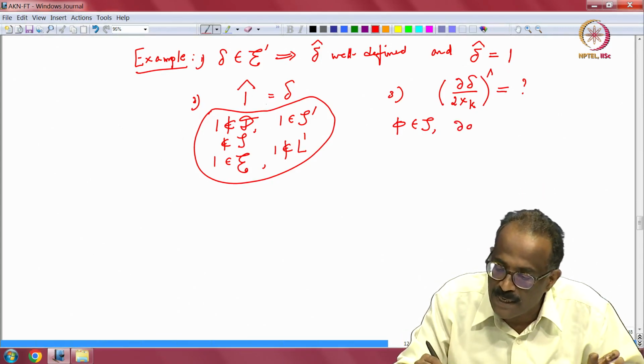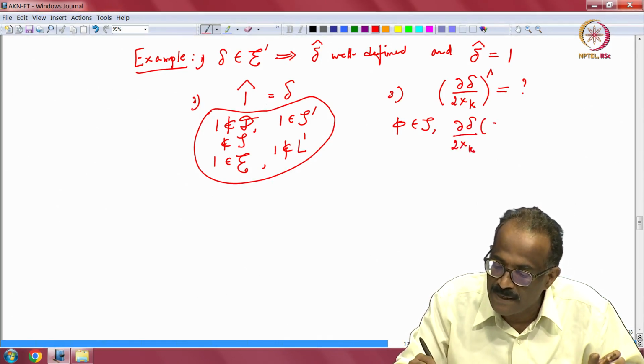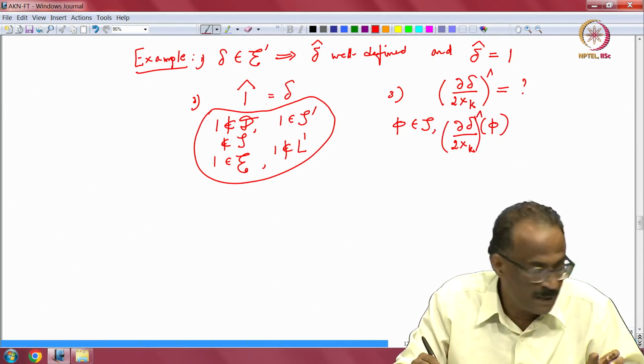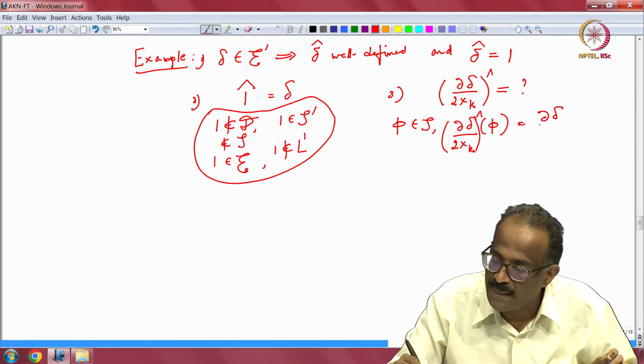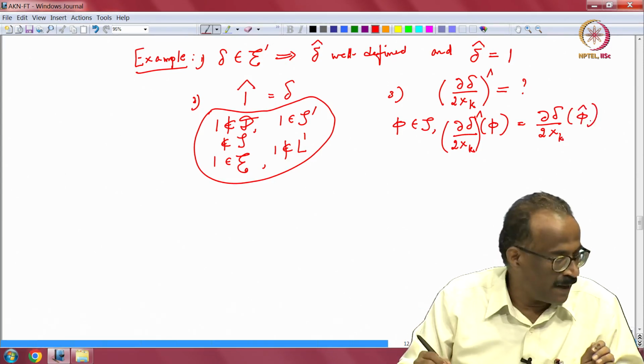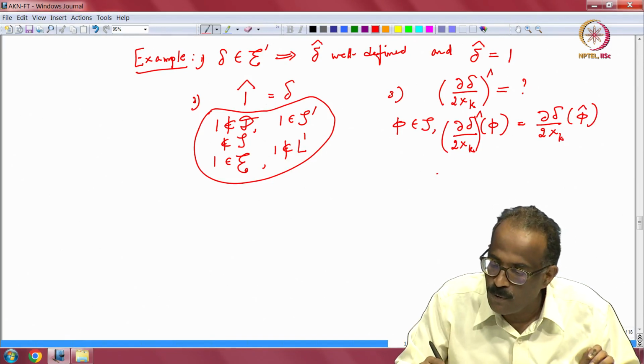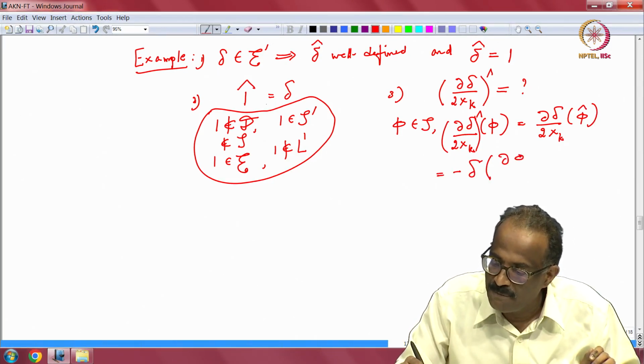So, d delta by dxk, its Fourier transform acting at phi is equal to d delta by dxk acting at phi hat, and that is equal to minus delta acting at d phi hat by dxk.